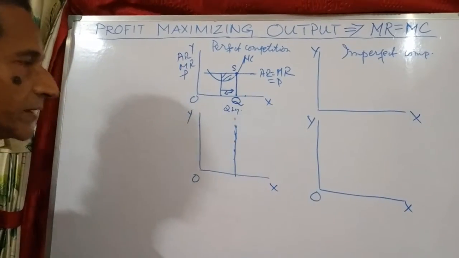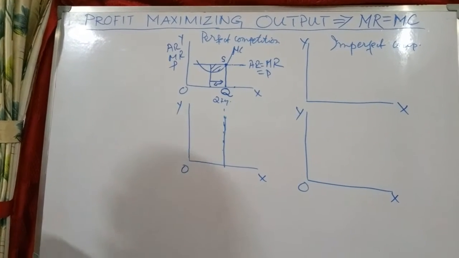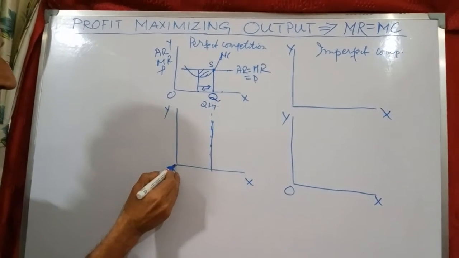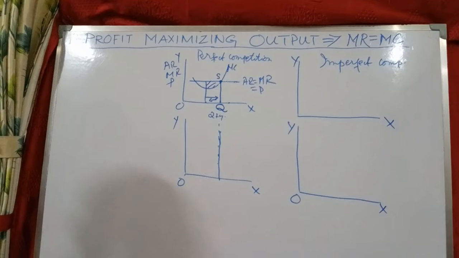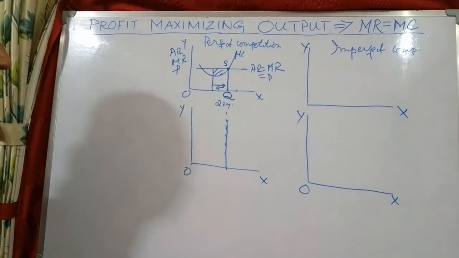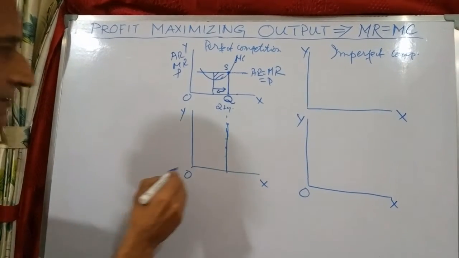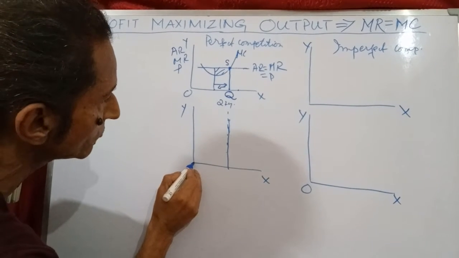In a perfectly competitive firm, the total revenue curve will start from the origin and will be an upward straight line. Why? Because price is given. The firm cannot change the price. That's why the total revenue curve will be like this.